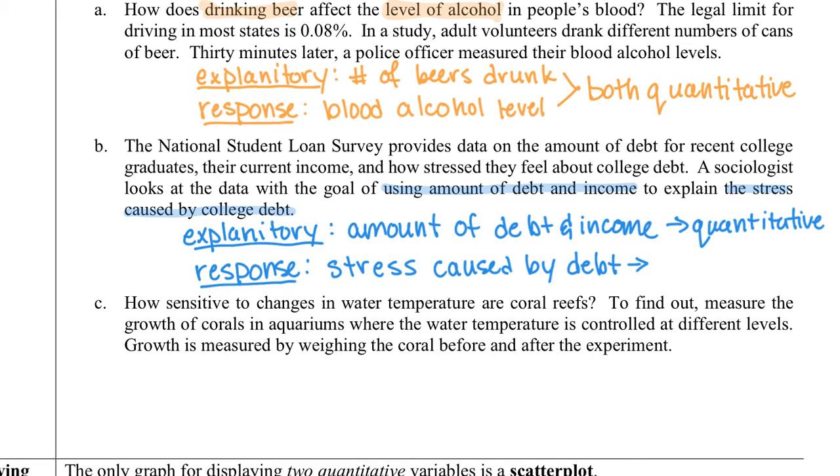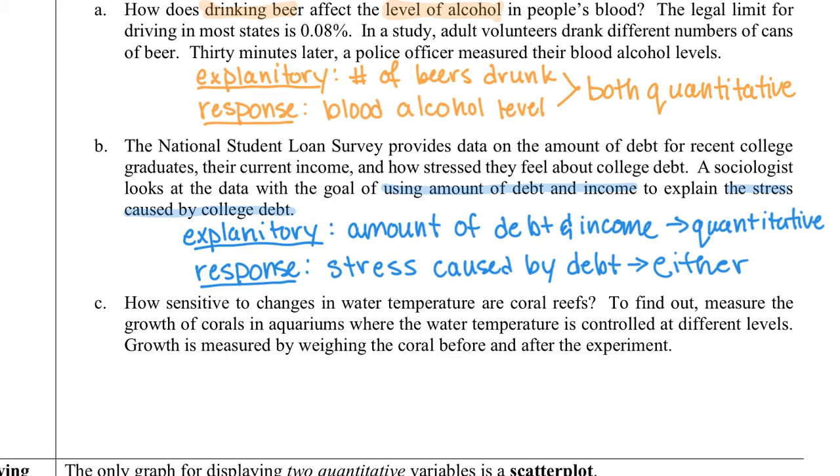However, if they have ranges of stress levels, like low, moderate, medium, very strong, strong, no stress, all those ranges, then it could be categorical. Depending on how the survey is written, it could be either quantitative or categorical.